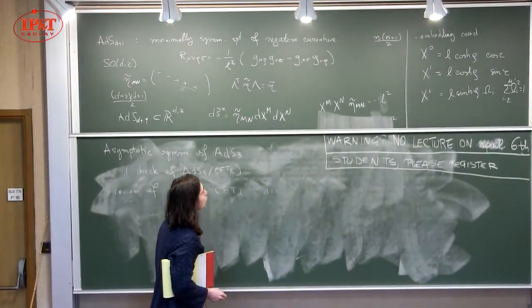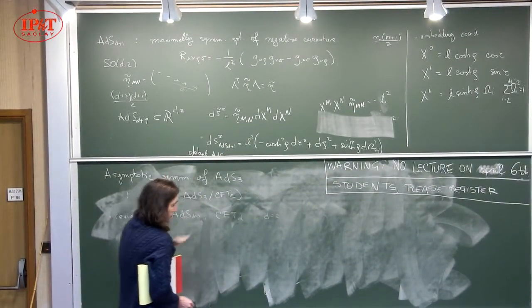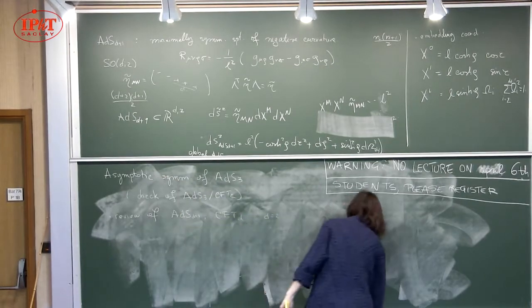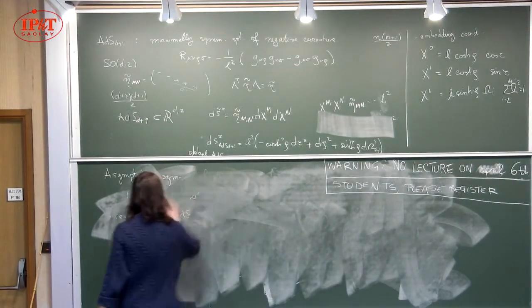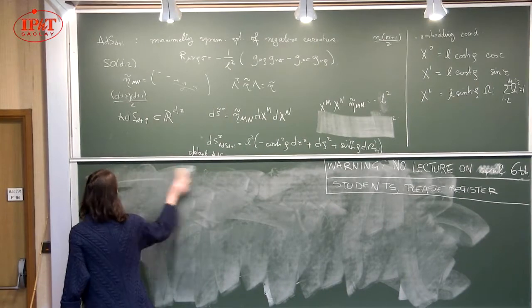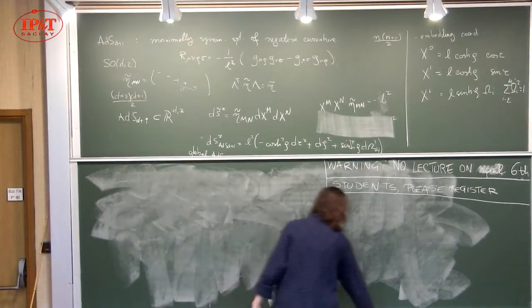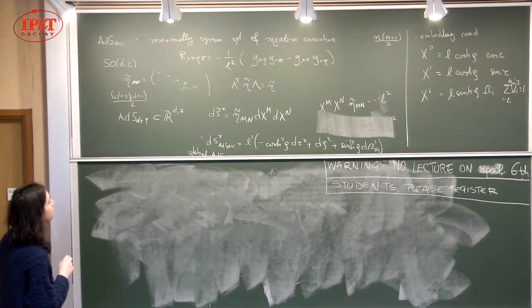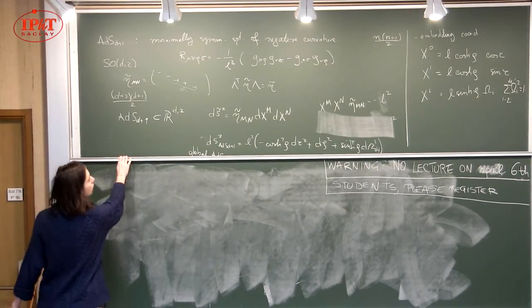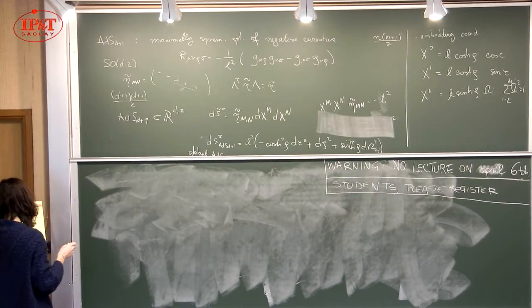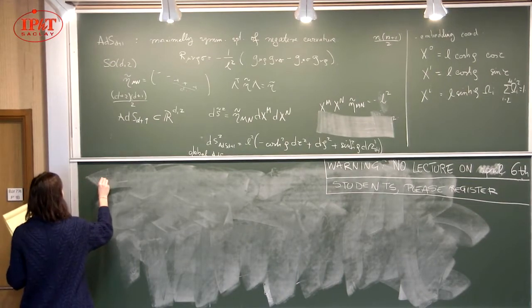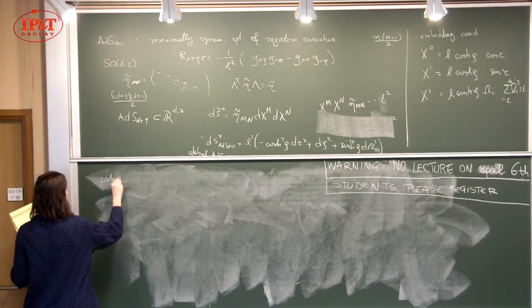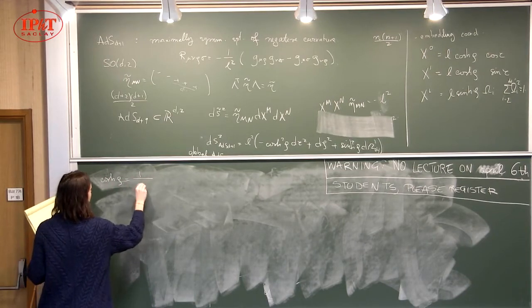And if we wanted to draw a picture of what the spacetime looks like, yeah, I guess you can see, hopefully. So it's useful to introduce a new coordinate theta via cosh rho equals 1 over cosine theta.